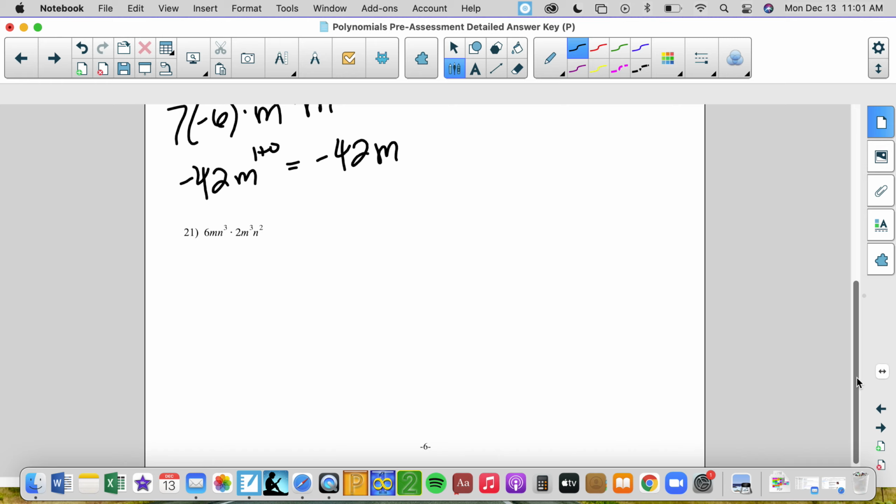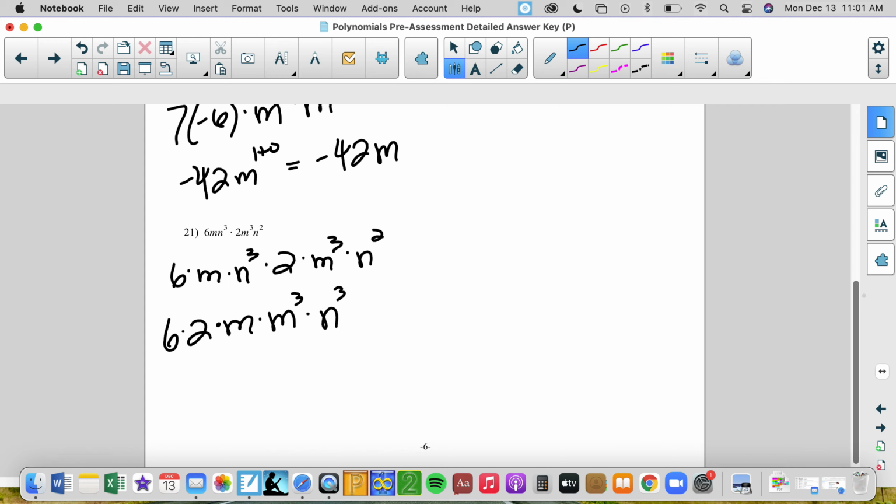This is a good one. Here's multiple variables. 6 times m times n cubed times 2 times m cubed times n squared. So we want those constants. We're going to do like variables. So we have m times m to the 3rd times n to the 3rd times n squared. So like bases, multiplying like bases.